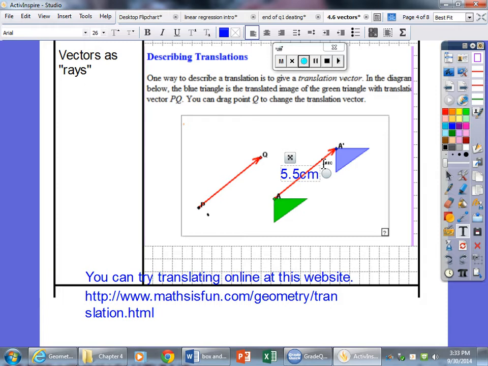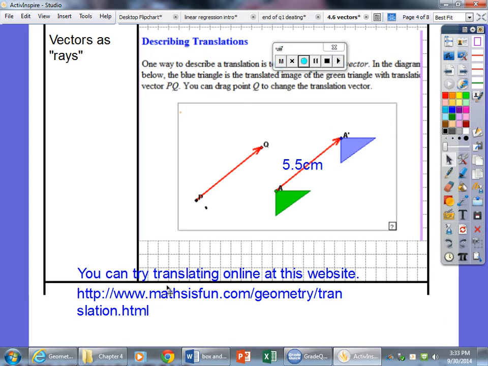I'd move point A the distance and direction I need to, move point B the distance and direction I need to, and move point C. Now, if you go to this website down here, the Math is Fun website, there is a translations activity that you can try on this website. There's a vector one, and then there's also a different type, which we're going to talk about next.